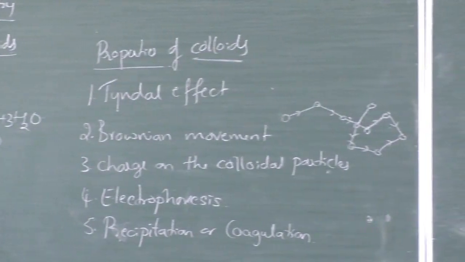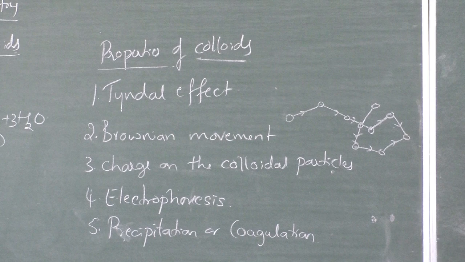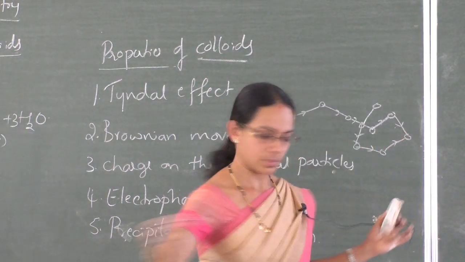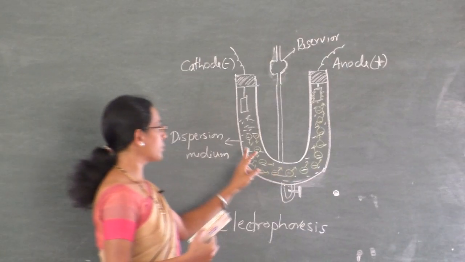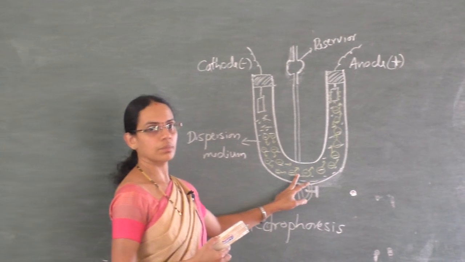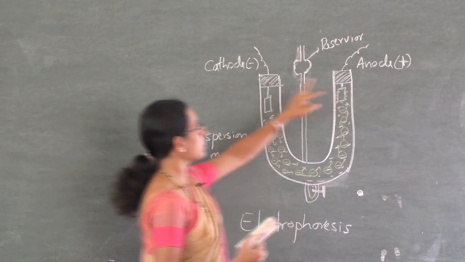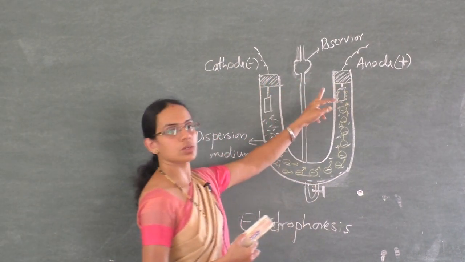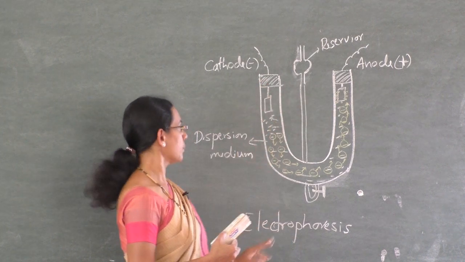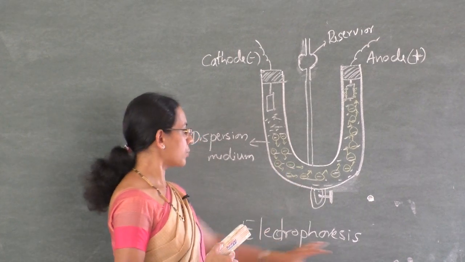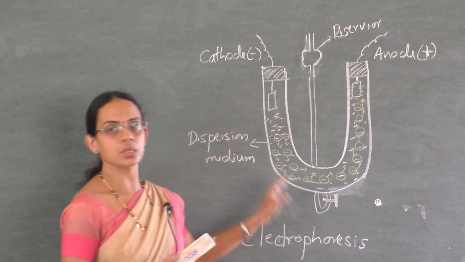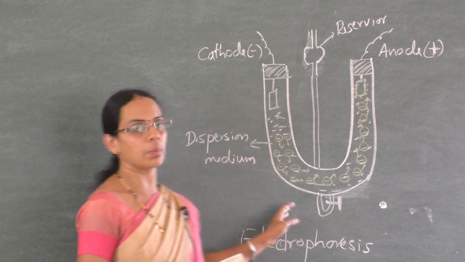So this is an electrophoresis experiment. Here in a U tube, a colloidal sol is taken, and two platinum electrodes are connected to the positive terminal and negative terminal. The electrophoresis experiment confirms the presence of charge on colloidal particles.